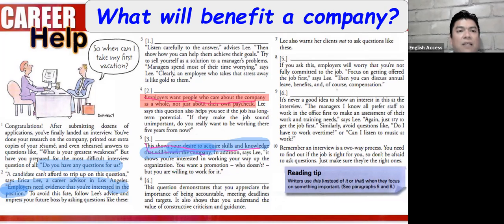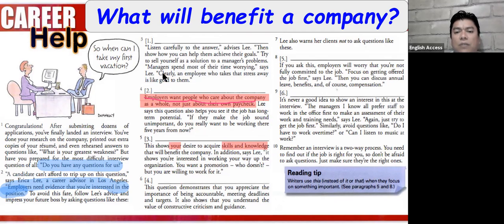Okay. So what will benefit a company? Your desire to acquire skills and knowledge. Yes. Actually, the short answer will be your skills and knowledge. That's the answer. Your skills and knowledge will benefit a company.